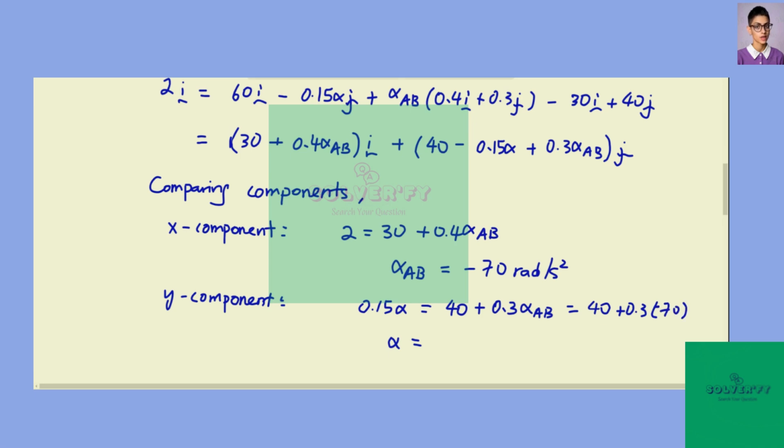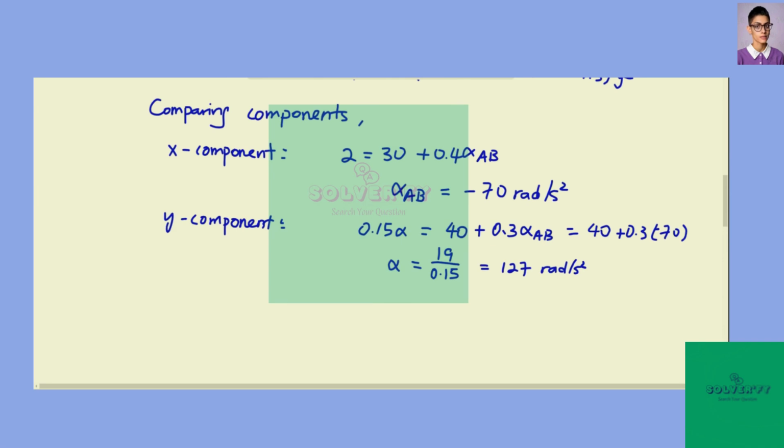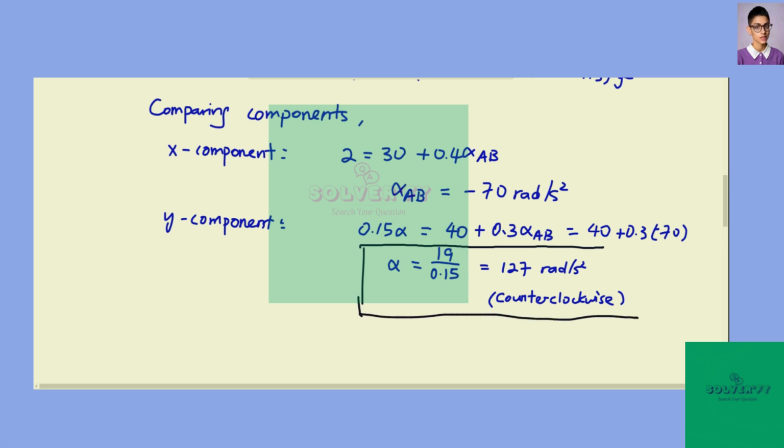Okay, so alpha is 19 divided by 0.15, which is equal to 127 radians per second squared. And then the direction is counterclockwise. Okay, so this is the answer for the angular acceleration of the wheel, and that's all.